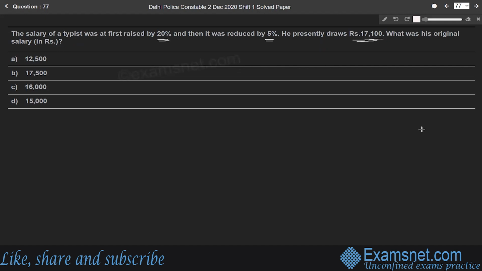So here, given: the increment percentage in salary is equal to 20%, right. Then it was reduced by 5%.